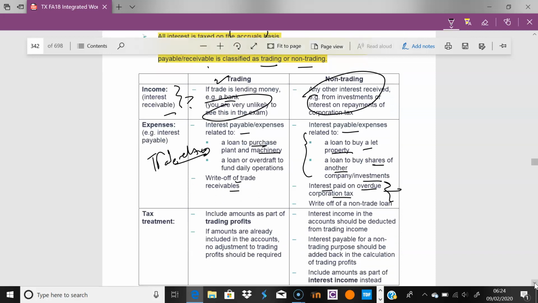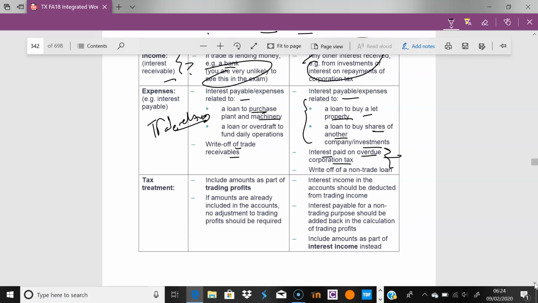Okay, great. And you can see here, this is included within trading profits, and this is included within interest income. Sometimes you might wonder why all this, but you'll see later on that the issue here with trading is that the government really wants to focus the benefits on those who are actually trading.